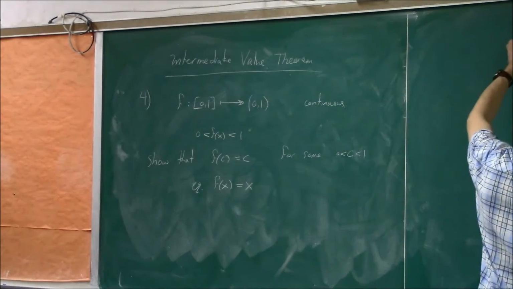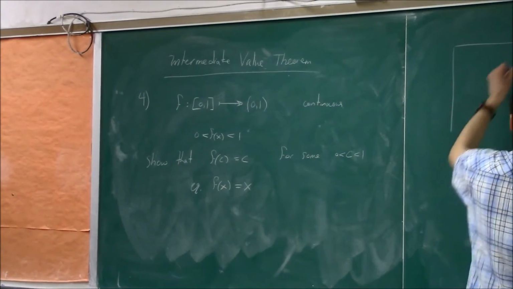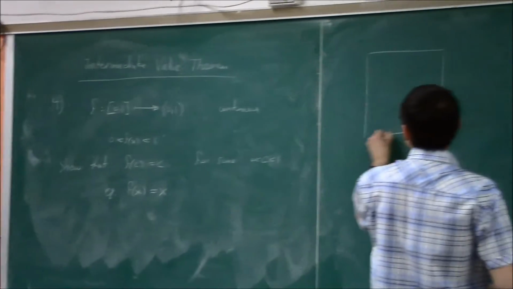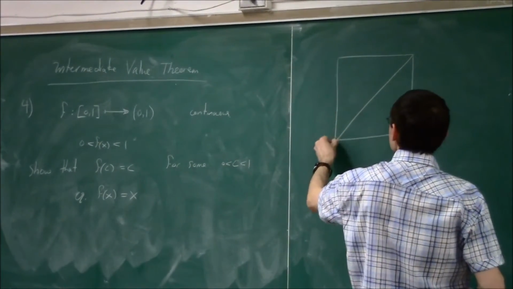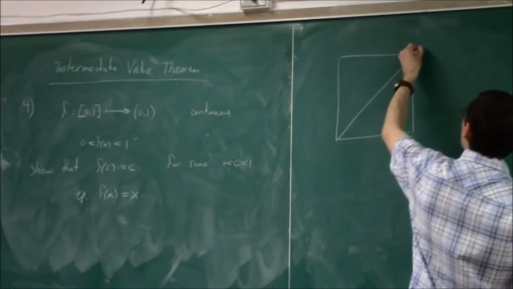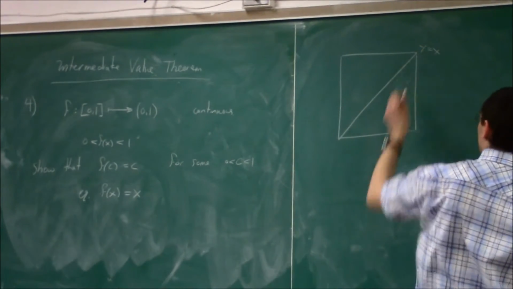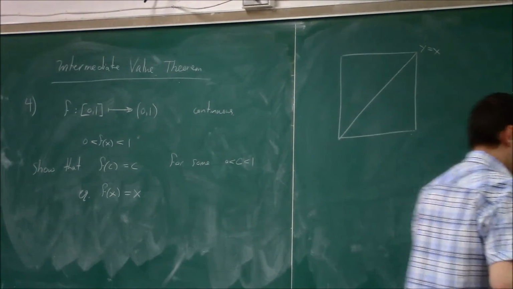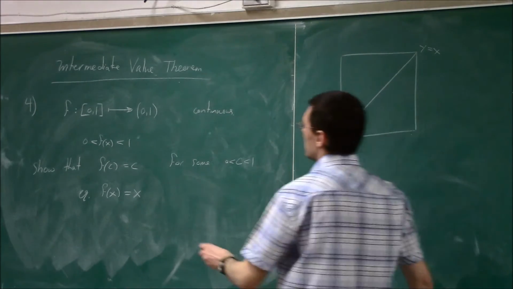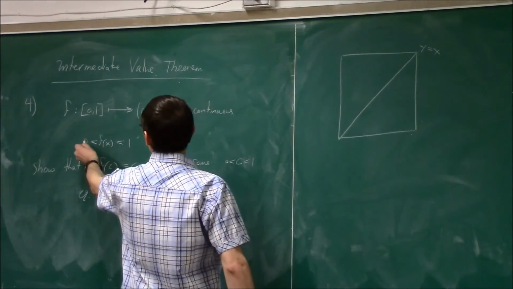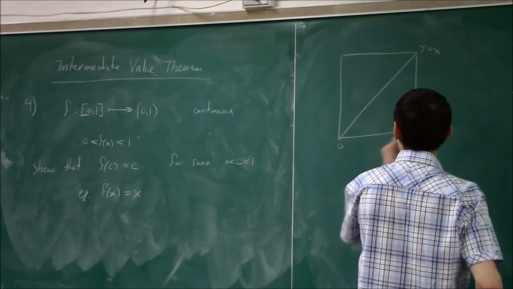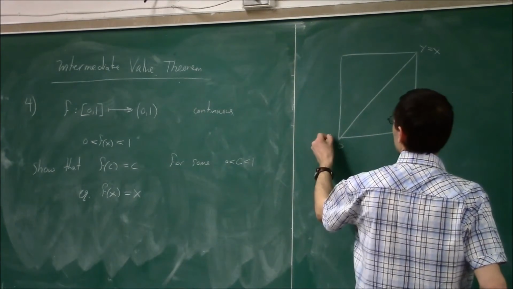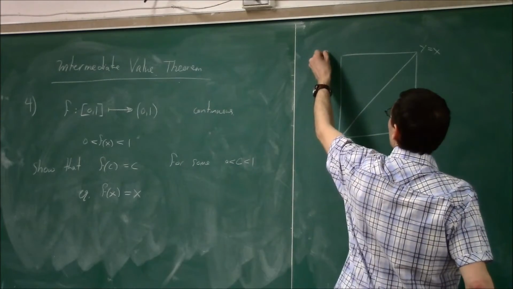So let's try to draw what we know. So here is the line y equals x. Now, by the definition of this function, for all values between 0 and 1, here is the x value 0, here is the x value 1, here is y value 0, y value 1.